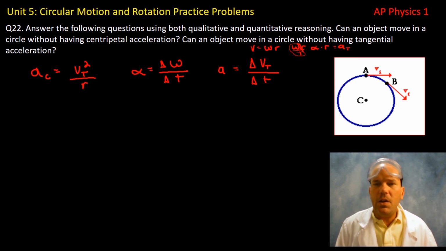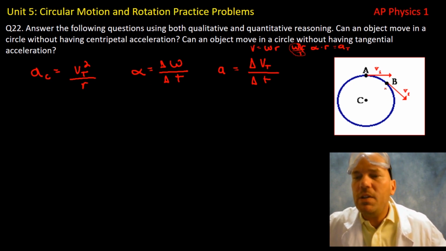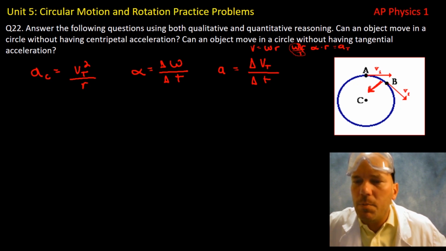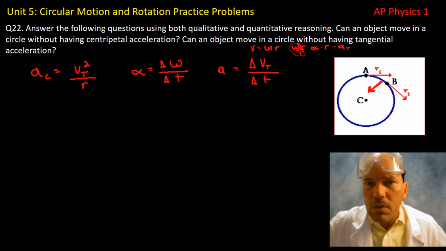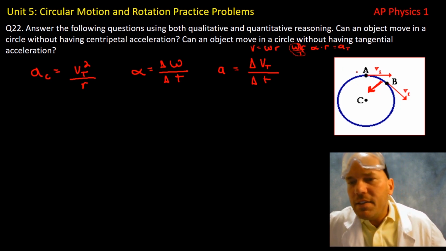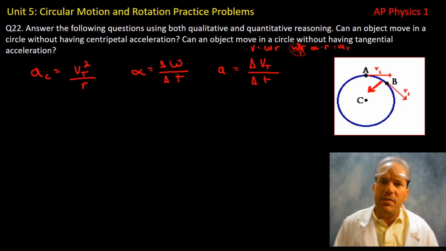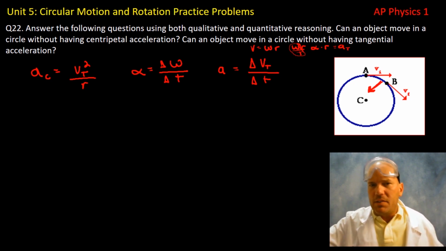All right, so let's talk about these quantities. The centripetal acceleration is always inward. That's the direction of the centripetal acceleration. The tangential acceleration is at a tangent, and it applies to an object or a point at a given radius.